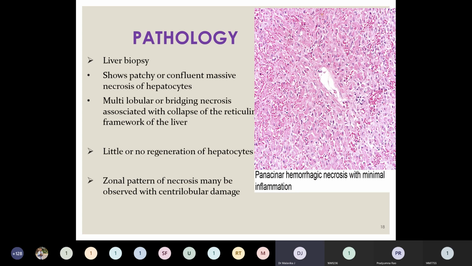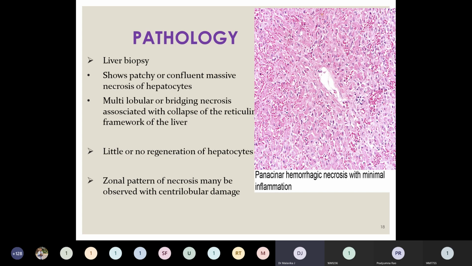Coming to the pathology of acute hepatic failure. A liver biopsy shows pan-acinar hemorrhagic necrosis with minimal inflammation. This is a histopathological picture showing hemorrhagic necrosis.